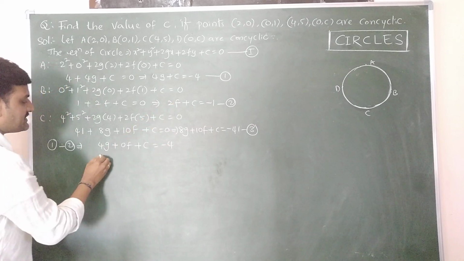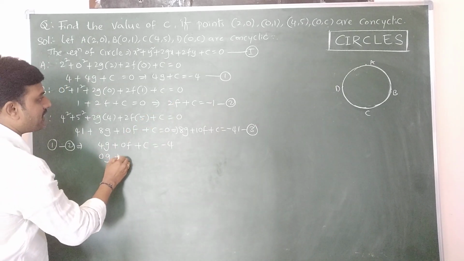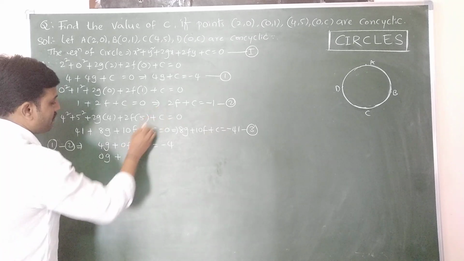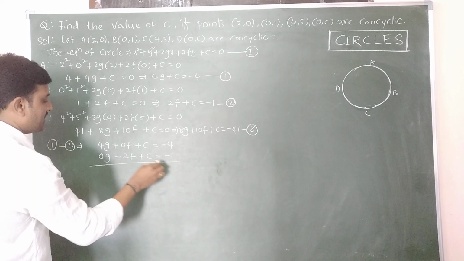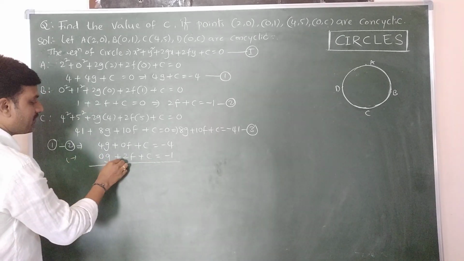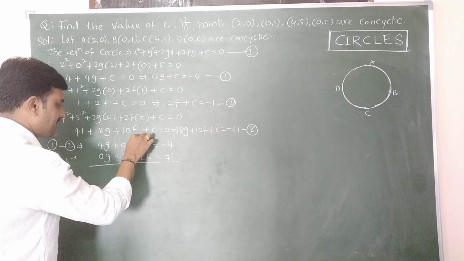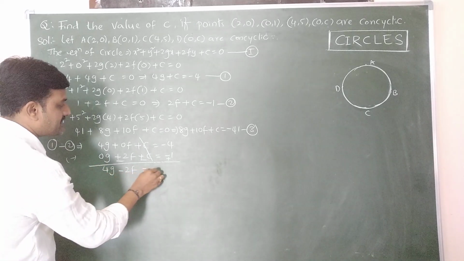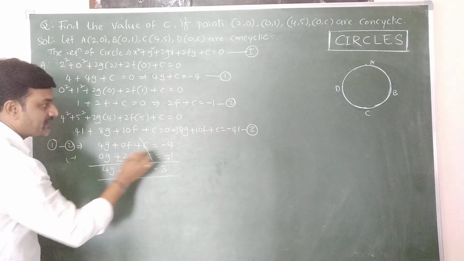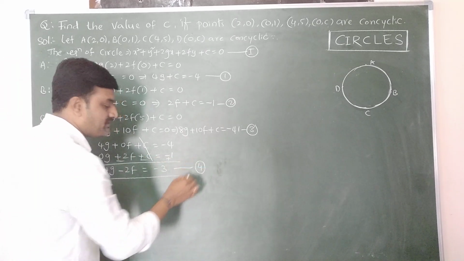And the second one, there is no g, so 0g plus 2f plus c equals to minus 1. By subtraction, c gets cancelled. Now it is 4g minus 2f equals to minus 3. It is equation 4.